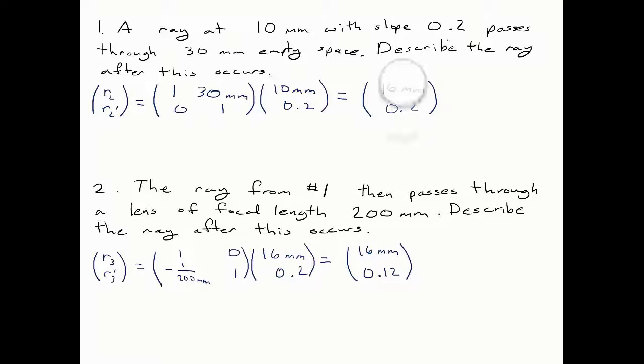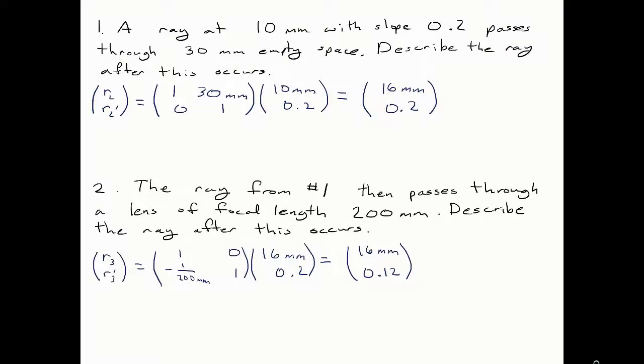So the position changed, but the slope didn't, as expected. The second one, we end up with a ray at 16 millimeters and the slope is 0.12. So now the position stayed the same, but the slope changed. And I hope this makes the abstract business of doing matrix multiplication a little bit more concrete for you. You can see how it works out with units and how it maps to a system of equations.